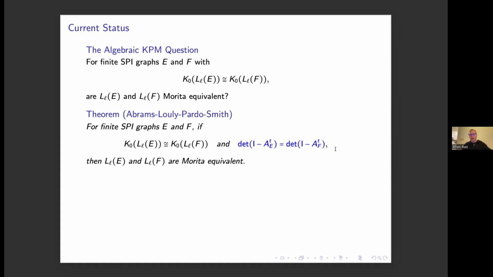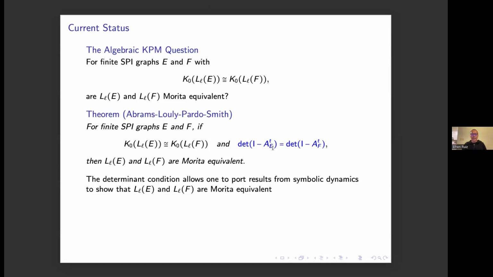So the result here is that if you include the additional data of the determinant of 1 minus the adjacency matrix transpose as part of your invariant, then you do get Morita equivalence. And the idea behind why this is true is that this determinant condition allows you to port results from symbolic dynamics.